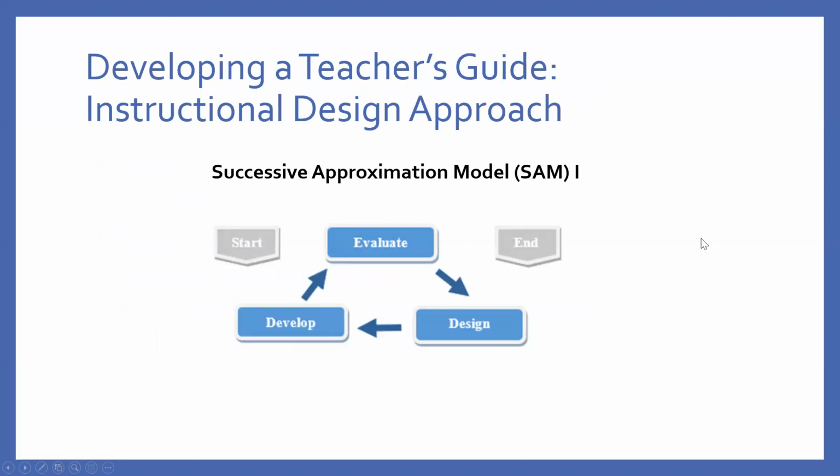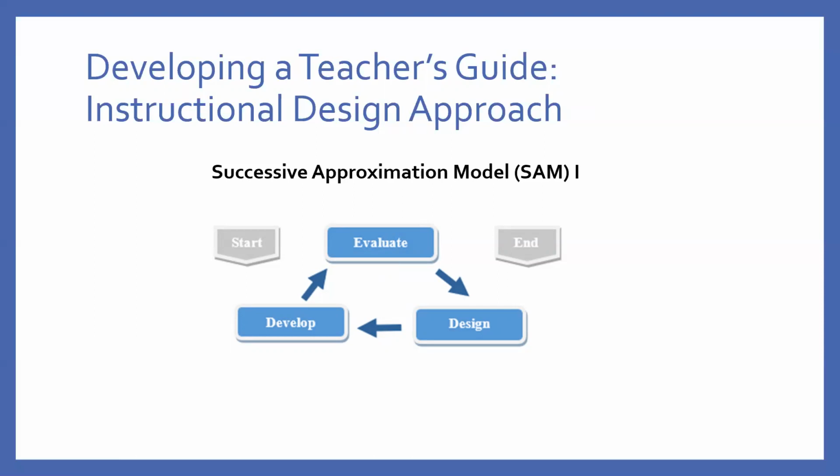So for this teacher guide, we use the successive approximation model of Allen. There are two different versions of it. We use SAM1, which is a very simple instructional design approach. Basically, right now, we are designing, trying, and developing.